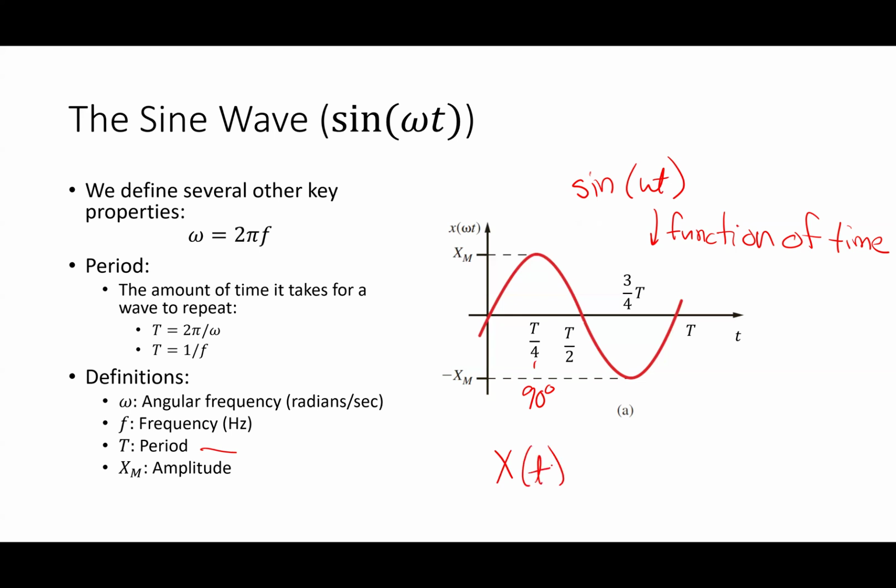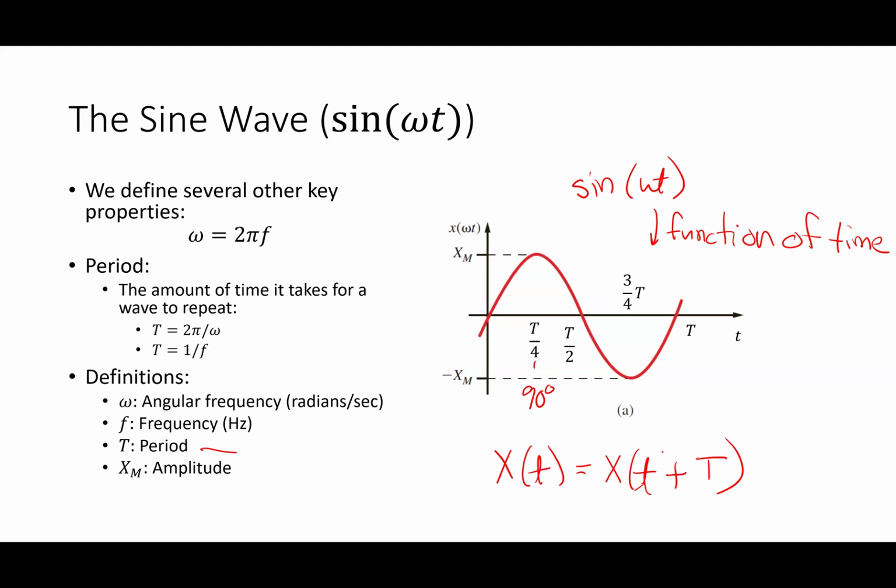I'd say that if I have a function x of t, a periodic function is such that it's equal to what? x of t plus capital T. All right, what does that mean? What did I just write? The definition of a periodic function is that x of little t is equal to x of little t plus capital T. What's that mean?